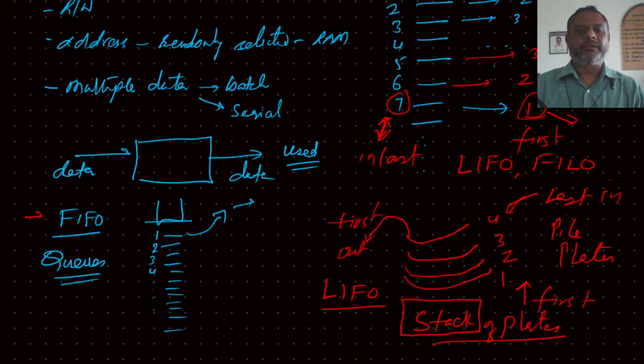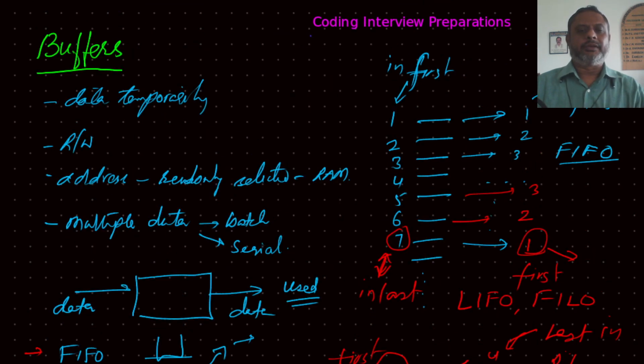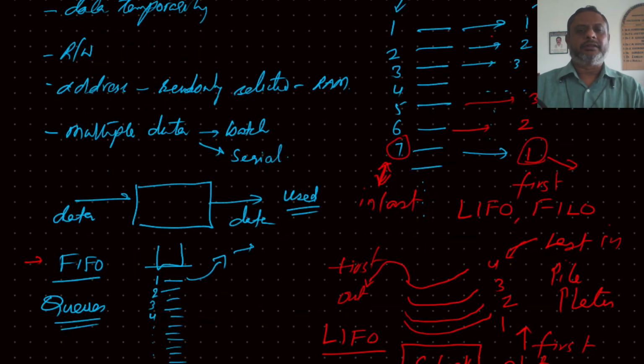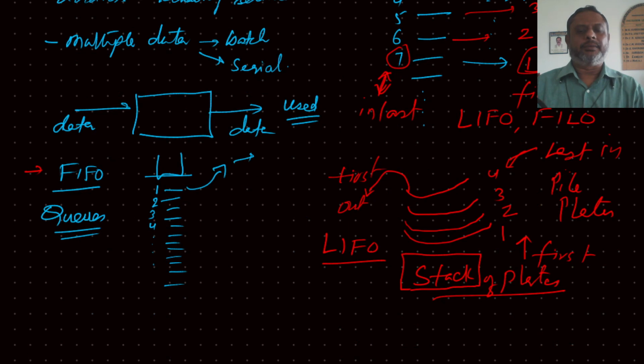So we use buffers to save data temporarily, and this data is available now, and we want to use it somewhere in future time. So till we need to use it, it has to be placed somewhere, and the place where we put all these things is what we call a buffer.